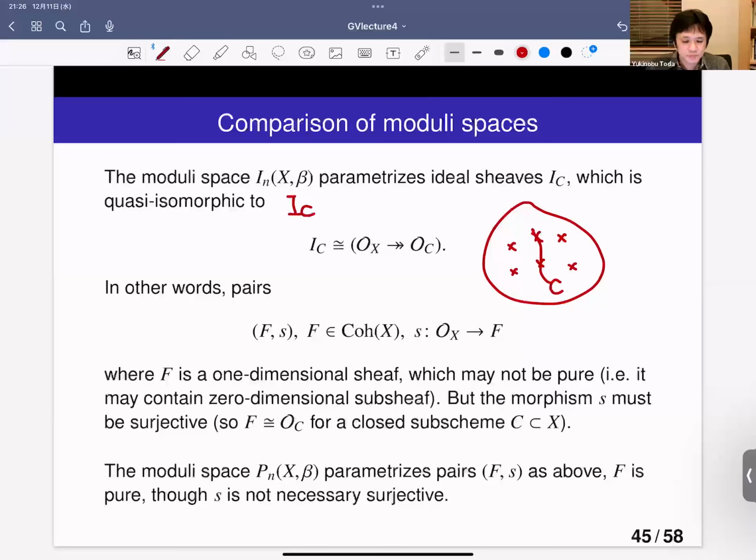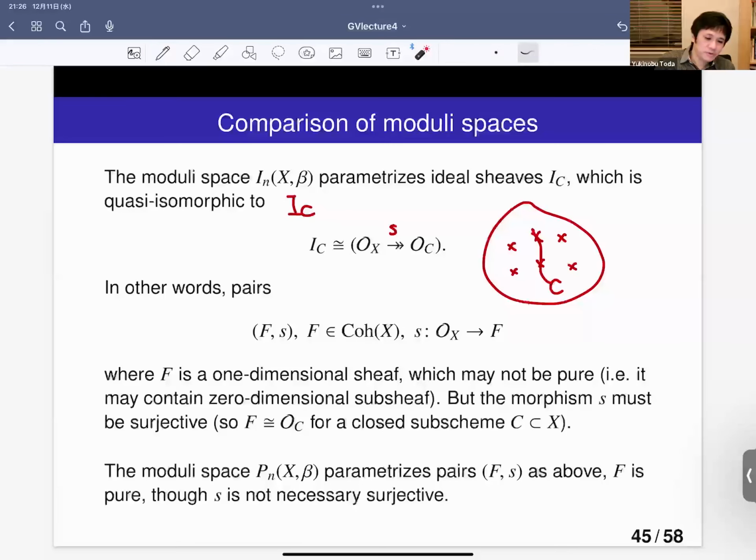On the other hand, the section S corresponds to this surjection, so this is always surjective. That is, in the ideal sheaf case, the target sheaf F must always be the structure sheaf of some subscheme.